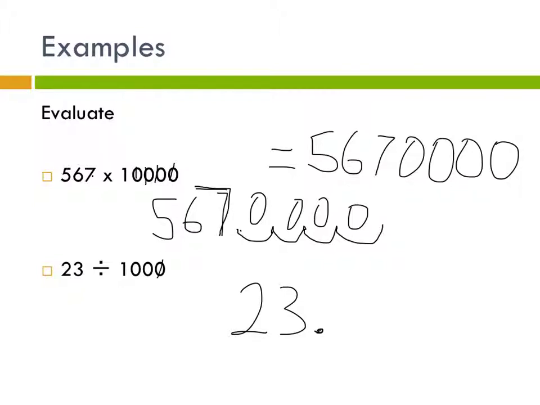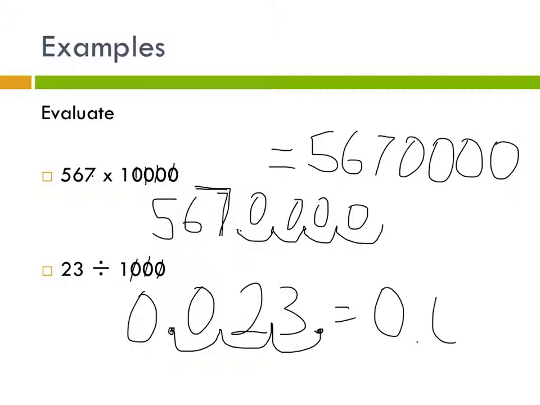If it's 1,000, it's 1, 2, 3 places. And I draw my decimal point. In these big gaps I put a 0, and a 0 before the decimal point. So if I write it out neatly, it's 0.023.